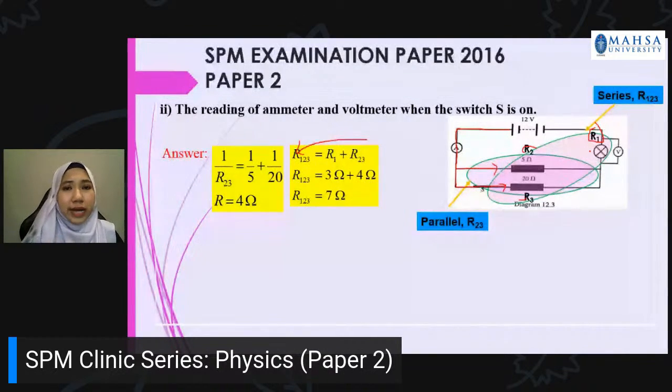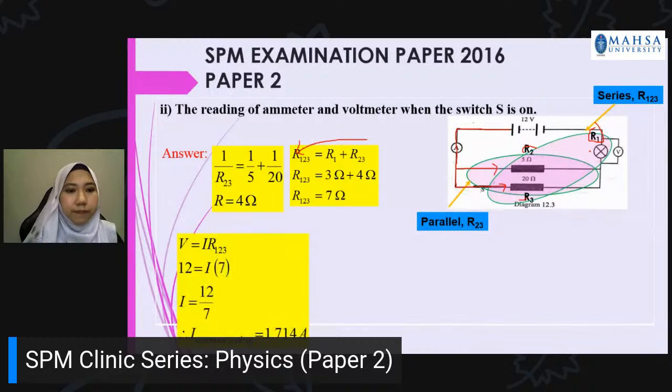Next, you want to calculate the current value and the potential difference. So next working, you want to calculate the reading of the ammeter, which measures the current flow in the unit ampere. By using Ohm's law, V equals IR, where R refers to the effective resistance or total resistance in your circuit, which you already calculated as 7 ohm.